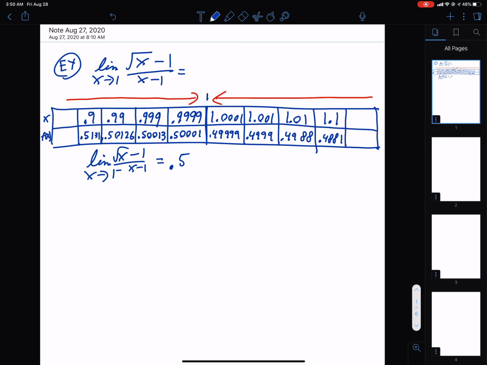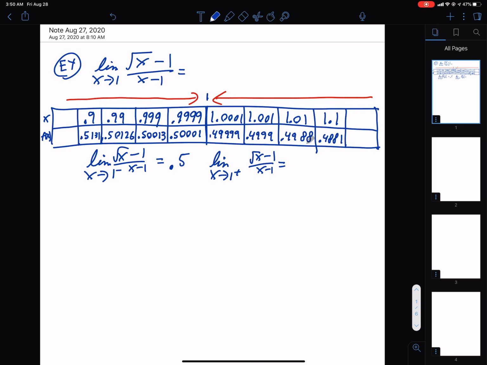So as we approach 1 from the right, where x is getting closer and closer to 1 from the right, what does it seem like? So go ahead and pause and see what you think, and then unpause and see if you agree with me.